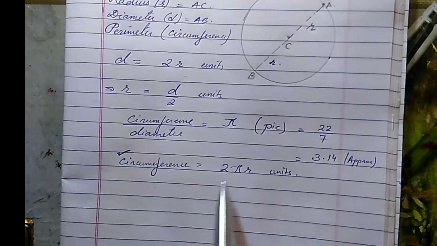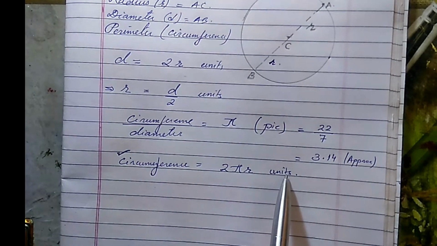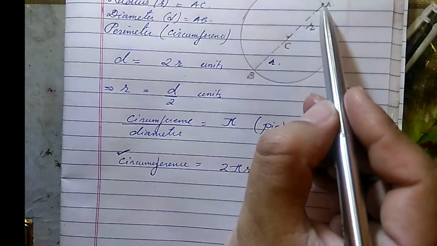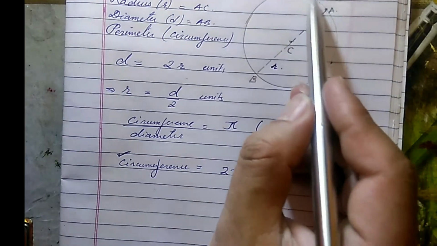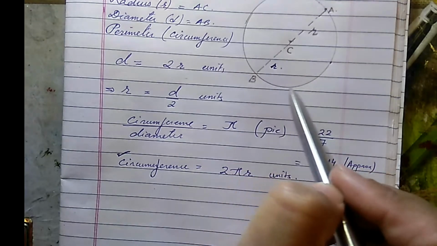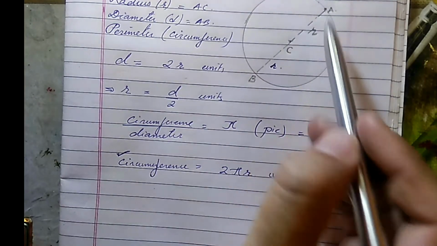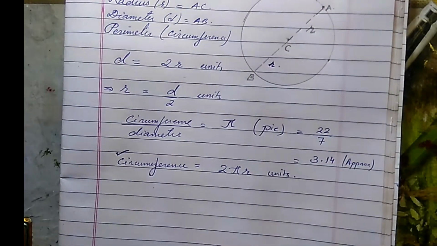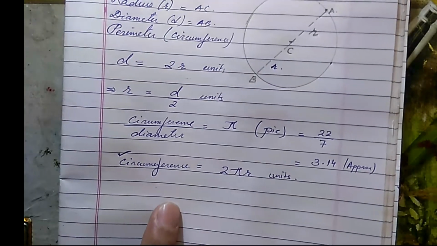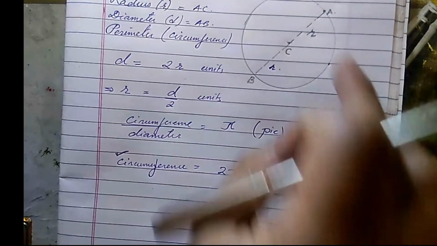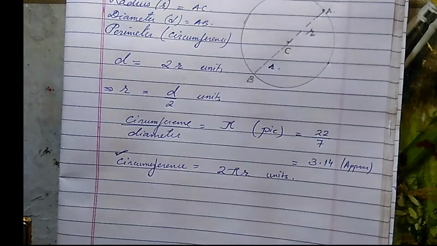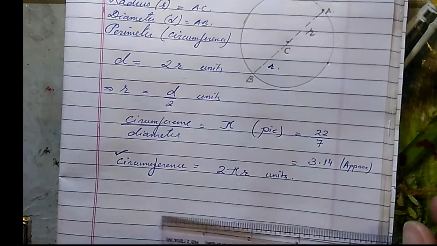The circumference is equals to 2 pi R units. That means the total length starting from point A and through this entire boundary and back to A will be 2 pi R.